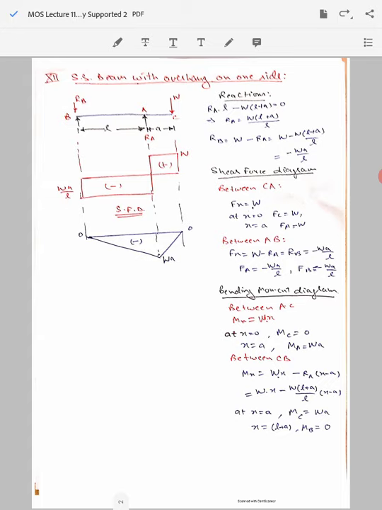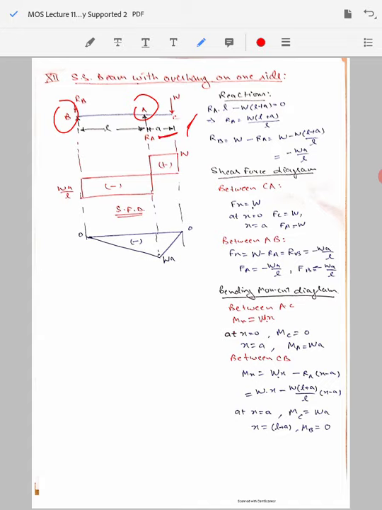You can see from this figure that the beam is supported at point A and point B only. So these are the points A and B where the beam is supported, and the beam is overhanging on one side. That means on side A it has extra length which is projecting out of the support up to point C, and this extra length of the beam is A meter.